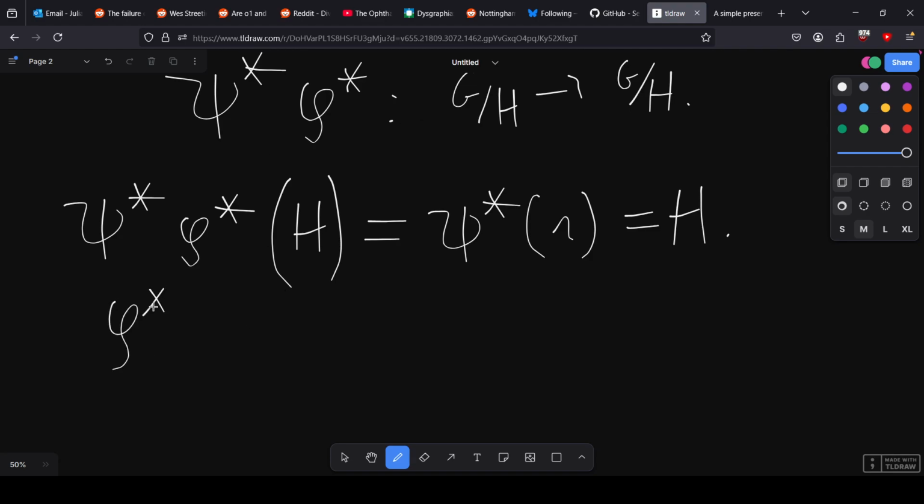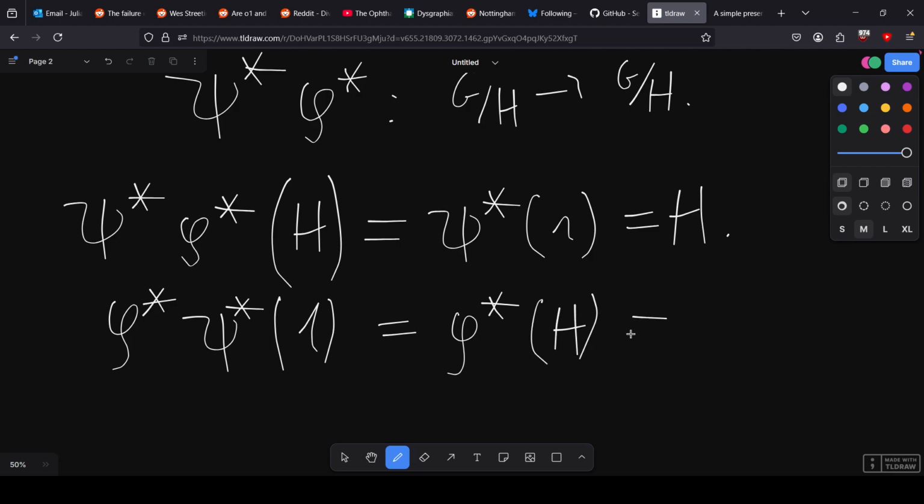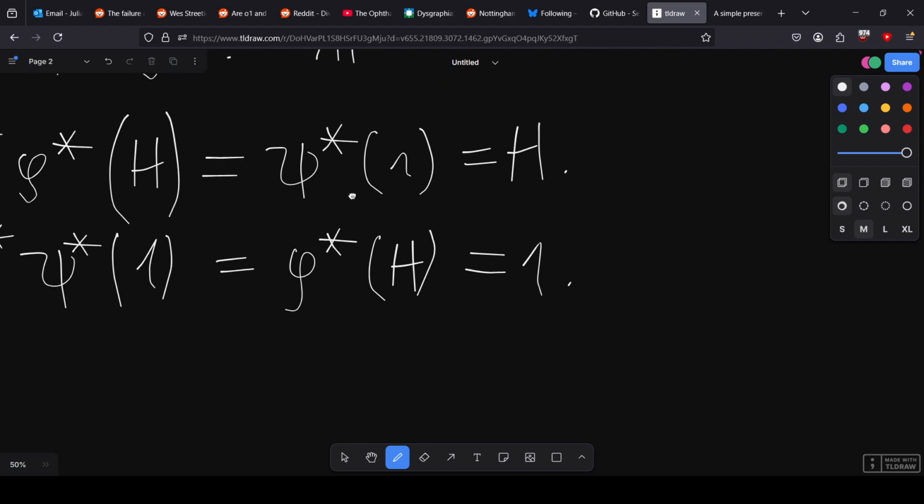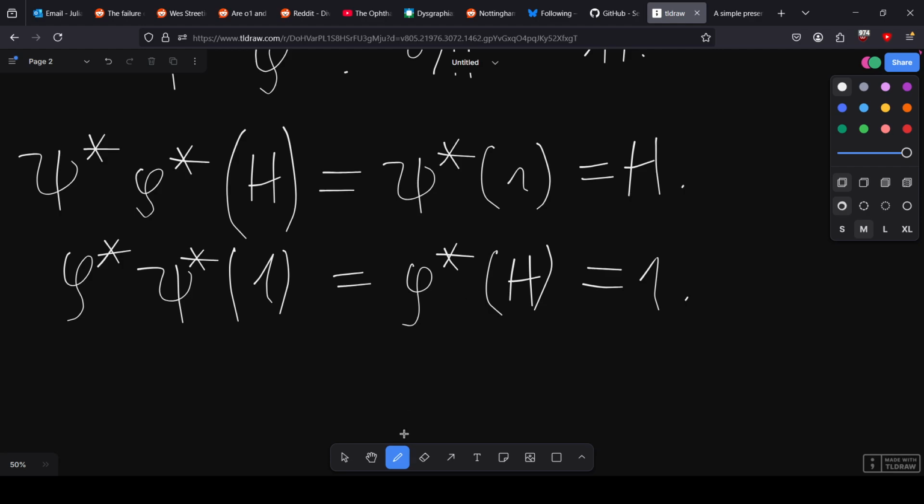Similarly, in the other way, if we pick 1 over here, this has to be phi star of H, which is again equal to 1. And we are done, as these are inverses. And this proves that we have a bijection. And everything is nice.